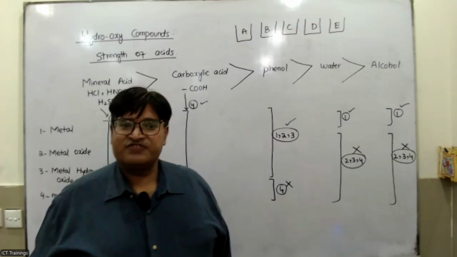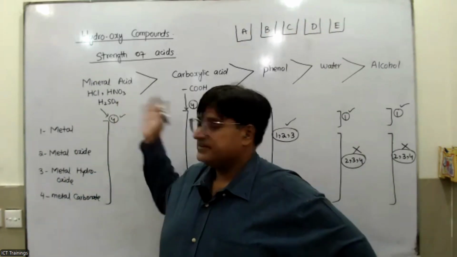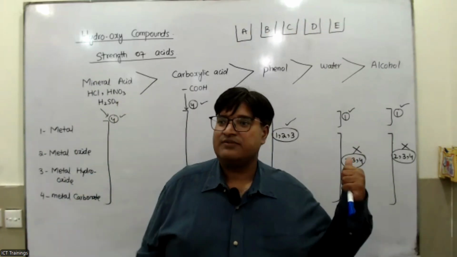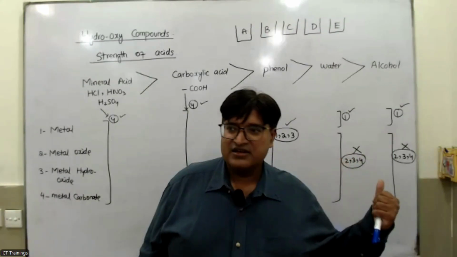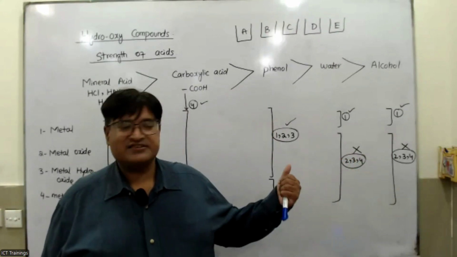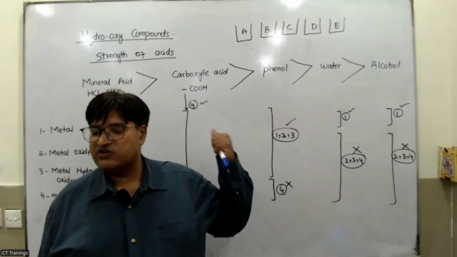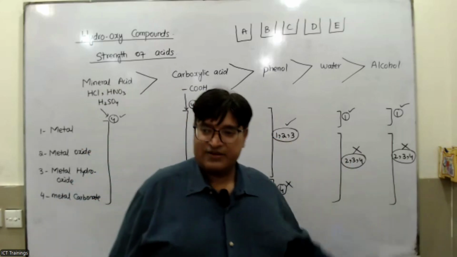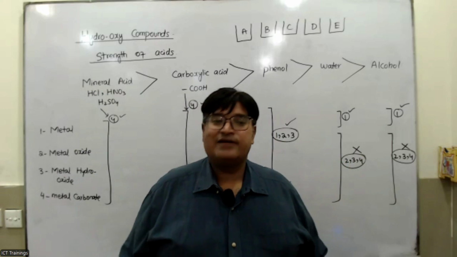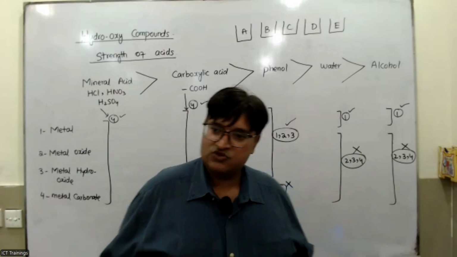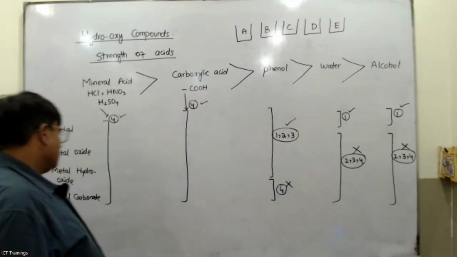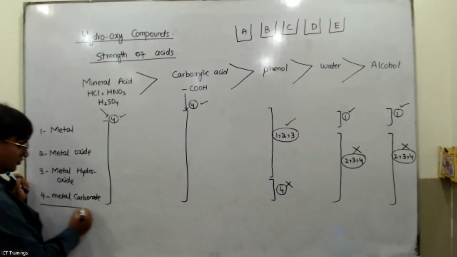All of them contain a different acid. Like one of the beakers contains mineral acid, one contains carboxylic acid, one contains phenol, one has alcohol, one has water. And you want to differentiate them. So the method is very simple. In the first step, what should you do?